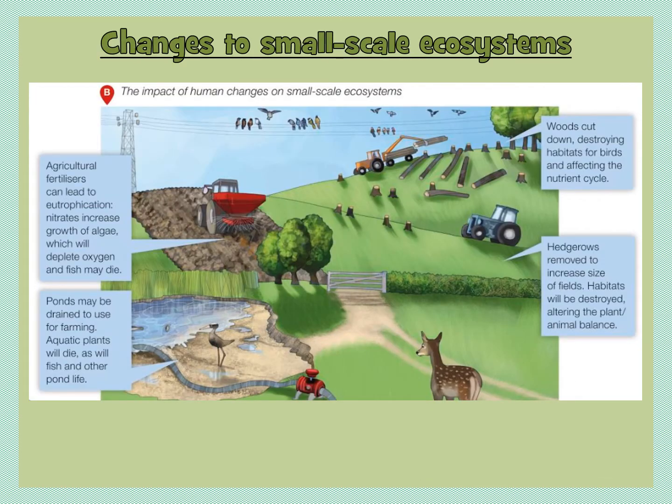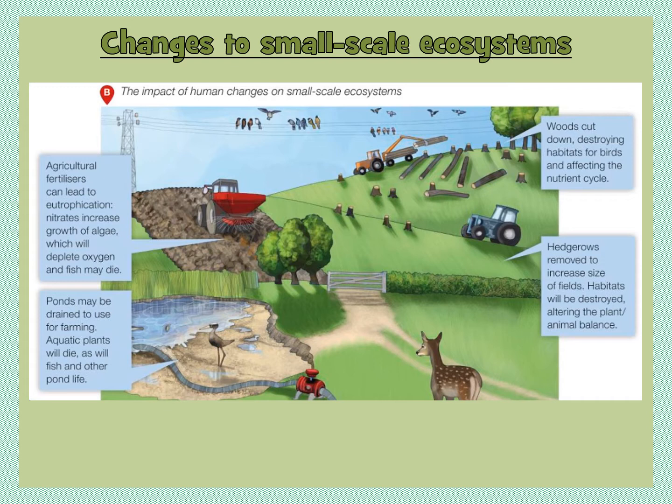So, talking about small scale ecosystems, which is what we're focusing on today, there's a nice little diagram here just taken from the textbook, which shows a few common things that are happening across the UK to our smaller scale ecosystems. We're talking woodlands, farms, ponds, marine ecosystems, so sea ecosystems.